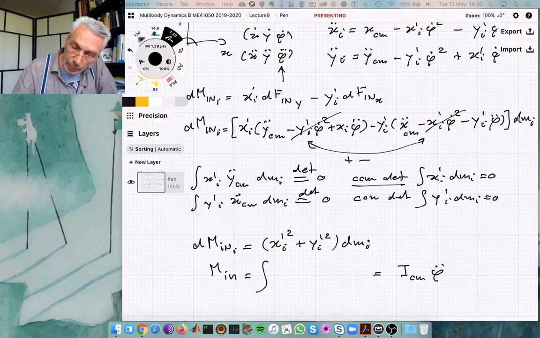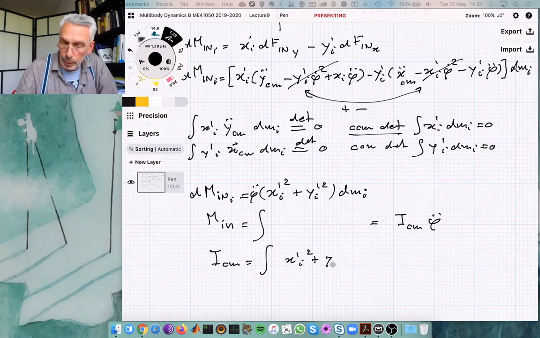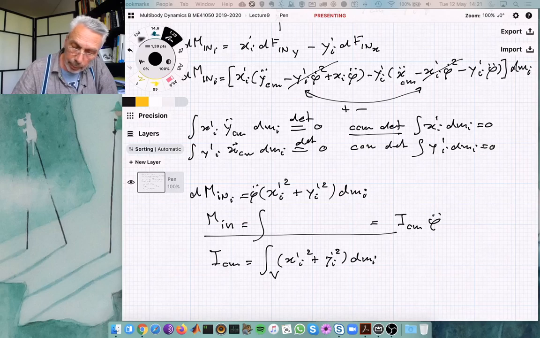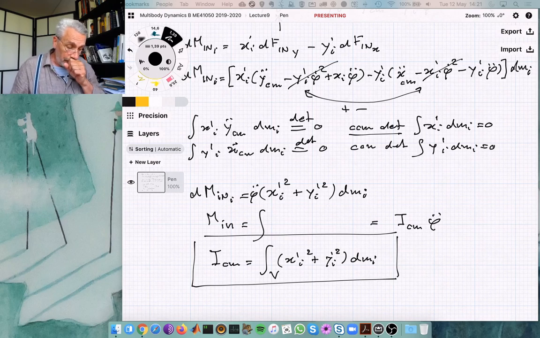Oh, I forgot the phi double dot here, sorry. And so we see that I_CM is the integral of x prime i squared plus y prime i squared times dmi over the volume. And here we saw a nice derivation of what the mass moment of inertia is.